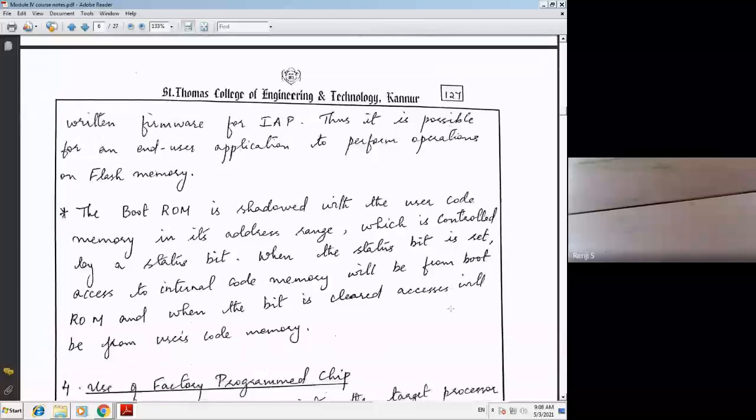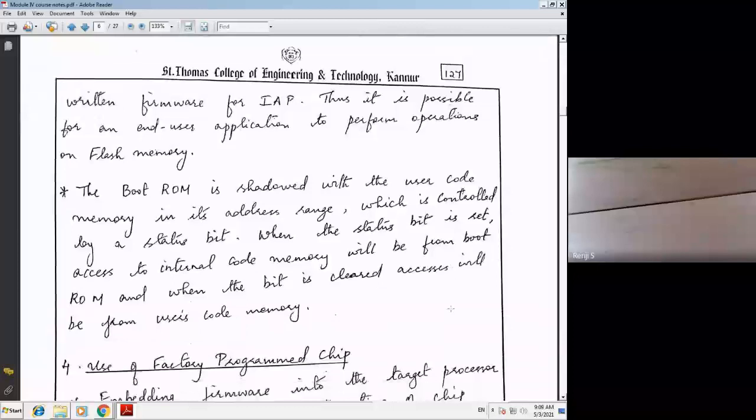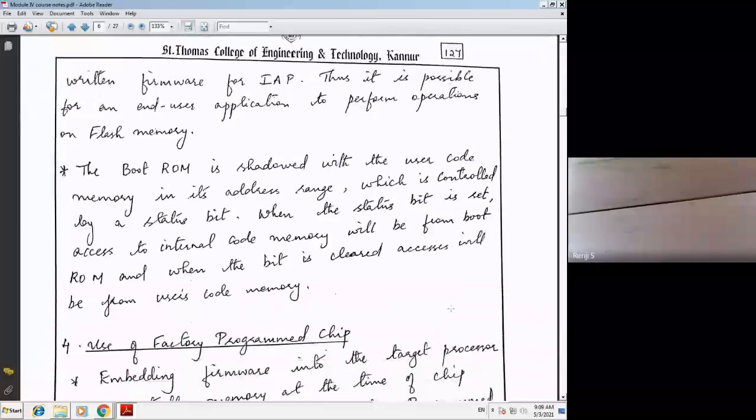It is possible for the end user application to perform operations on the flash memory through the embedded application. Now this boot ROM is shadowed with the user code in the address range, and by setting a status bit. If the user wants to change the code memory, then the status bit has to be set.